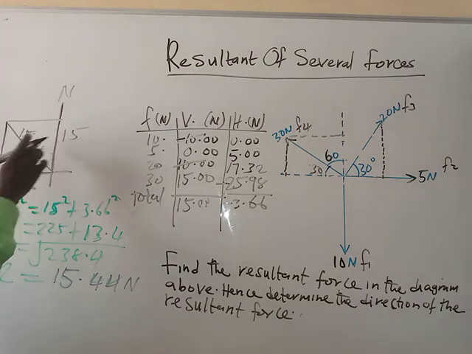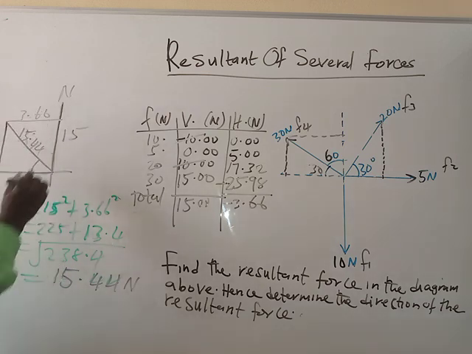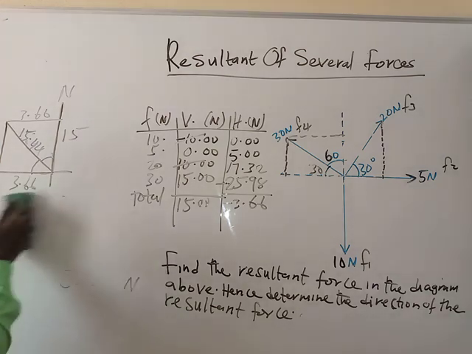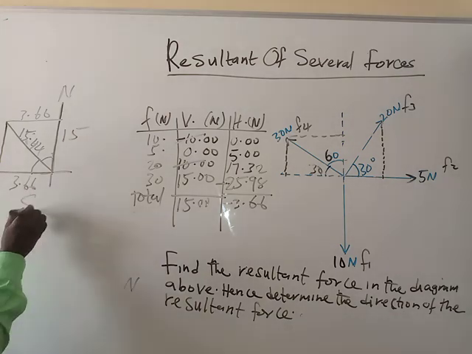So we have gotten this. This one is 15. This hypotenuse is 15.44. Then this one is 3.66. So what we need is this theta. Or you can calculate this one, take it away from 90 degrees. In that case, we just use sine theta.